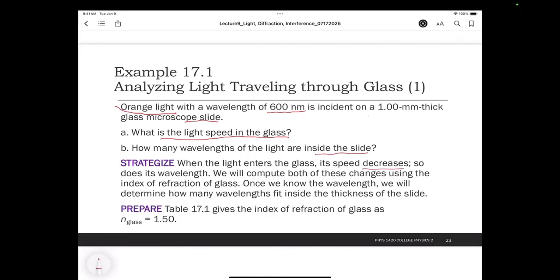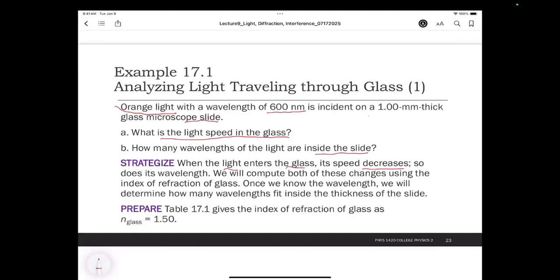We have already talked about that. The speed in vacuum is always the biggest value, and in other materials the speed always decreases.